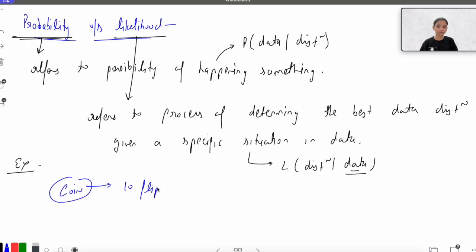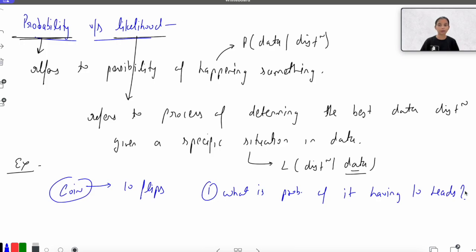Now if I ask you two questions, the first question is: while you are doing the 10 flips, what is the probability of having 10 heads? When you flip it 10 times, you get 10 heads. What is the probability of it? These kinds of questions are answered with the help of probability.